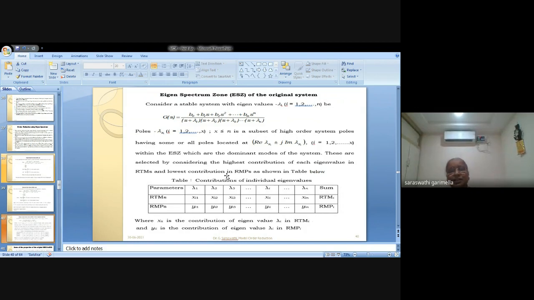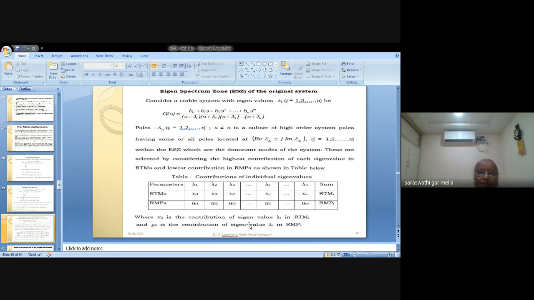So if it is the highest RTM, then we will consider that, and if you can find the lowest RMP, you will consider that also. That is how we calculate RTMs. Contribution is xi1, xi2 for different eigenvalues. And similarly, if you calculate RMPs, you will get them like this.